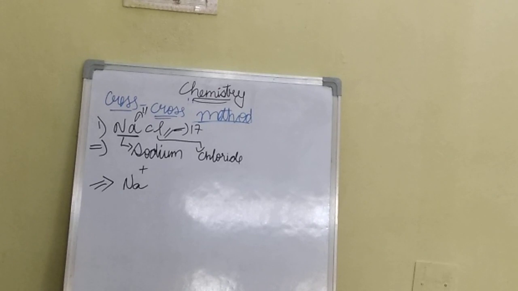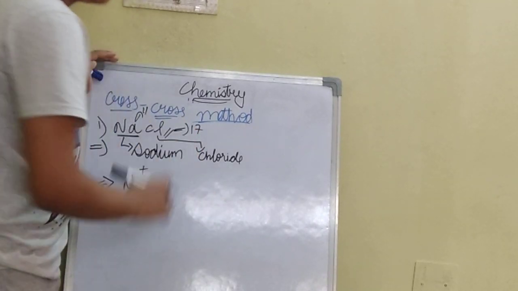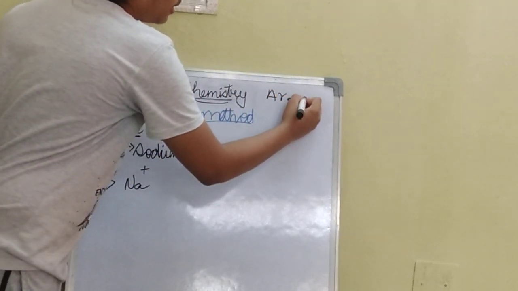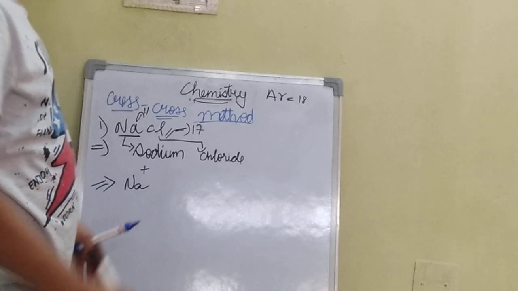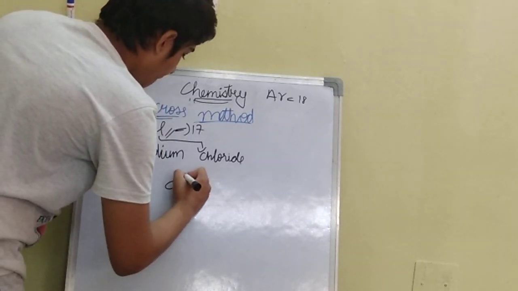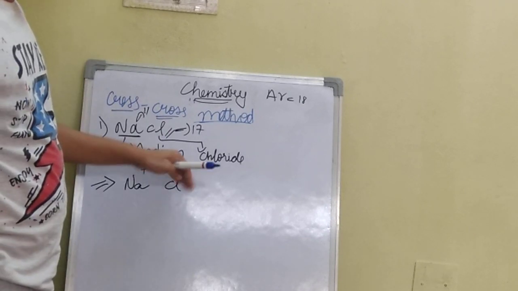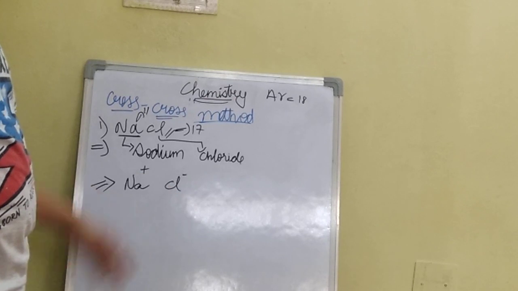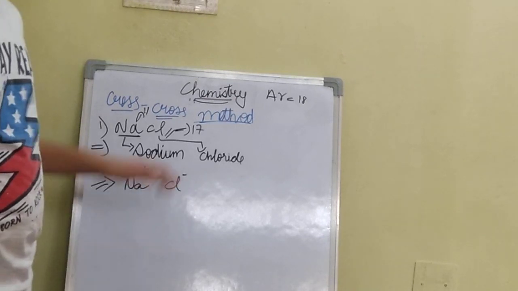To make it stable, what should we do? You take argon, atomic number 18, an inert gas. To make it stable, Cl minus, because of gain of electron. Gain of electron will be called Cl minus.